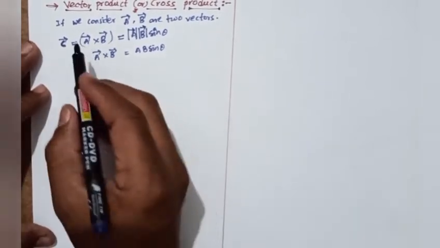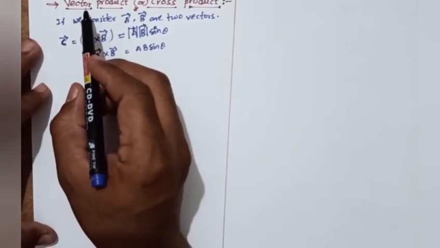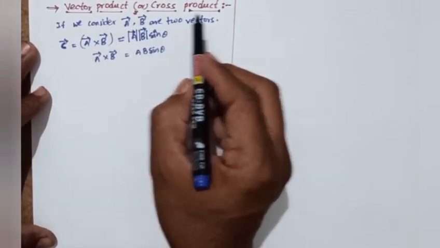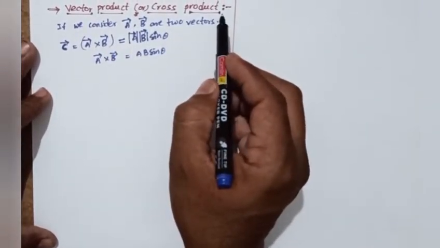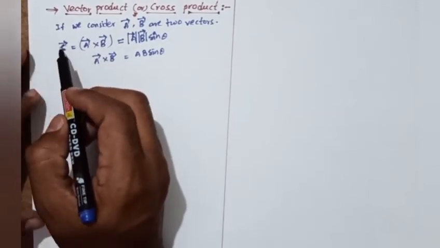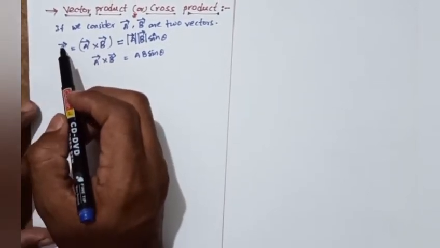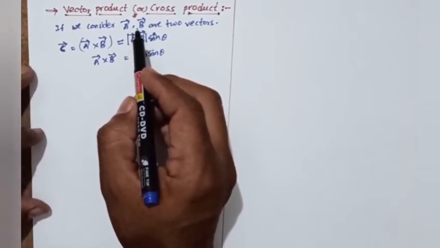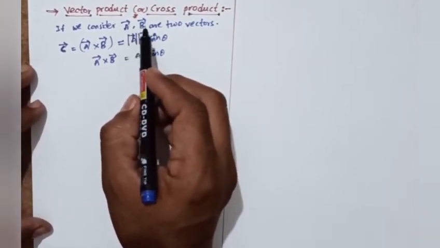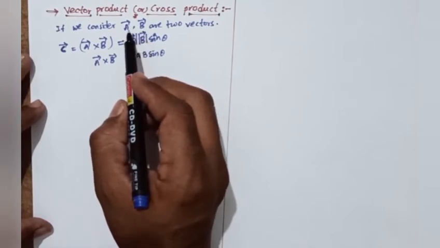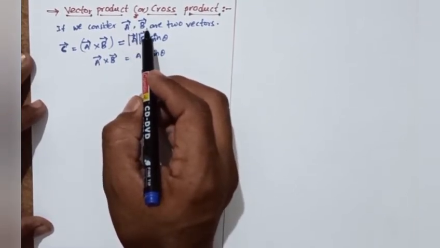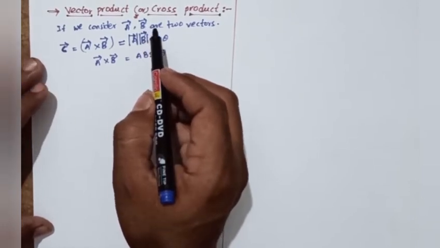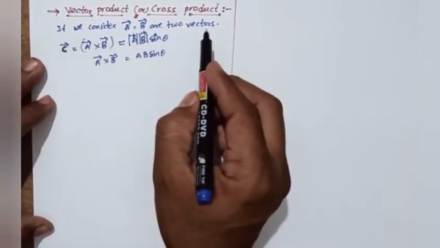Okay, listen. Now we are discussing another topic, the vector product or cross product. In earlier classes we already studied the scalar product, which is a scalar.